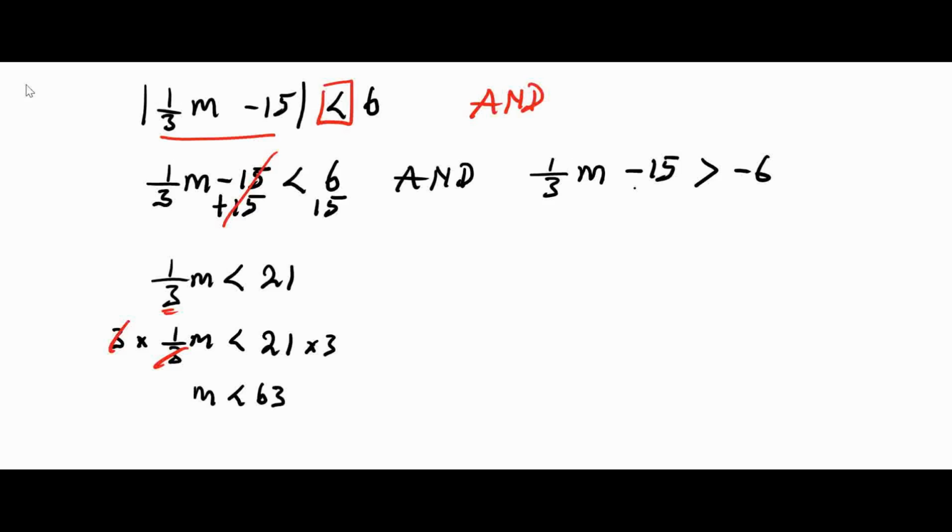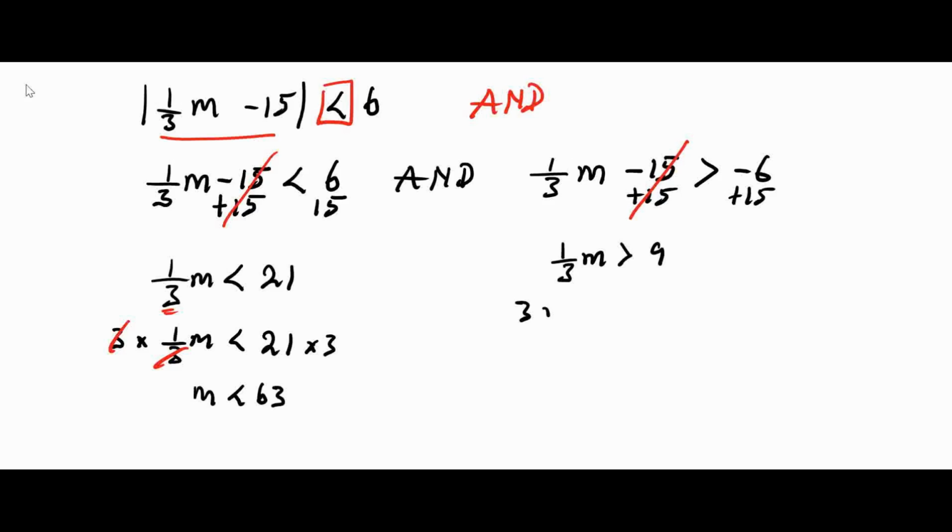Also, we need to add 15 to both sides. Add 15 to both sides. And -15 plus 15 would cancel. And now we have 1/3 m is greater than -6 plus 15, which will give us +9. So now we can multiply both sides by 3.